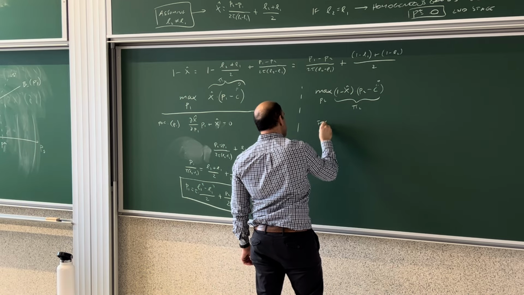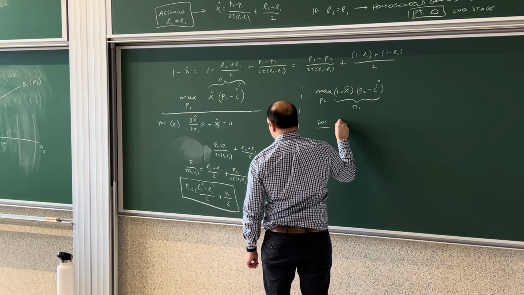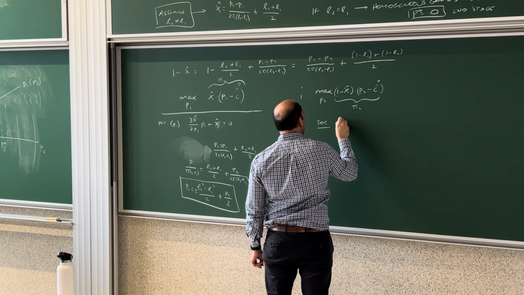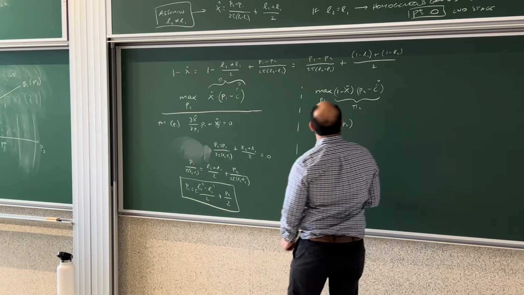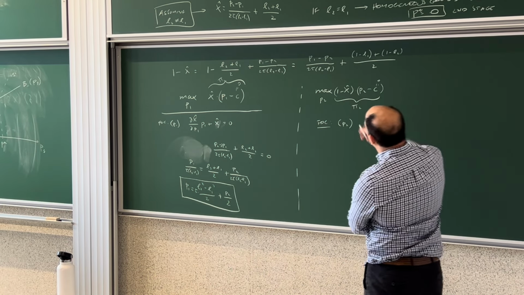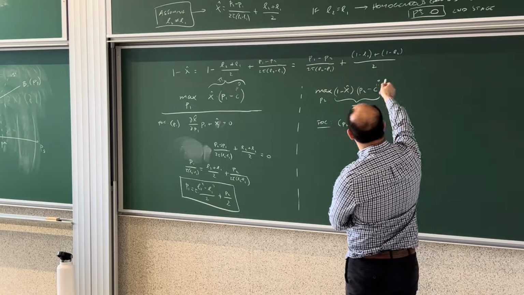Now, the first order condition for firm 2, with respect to P2, is going to be similar. Right here it's going to be the derivative of this.